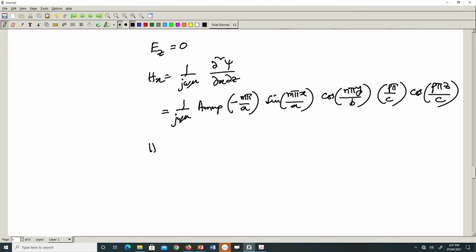Similarly, H y can be evaluated to be 1 by j omega mu, A mnp, n pi by b.